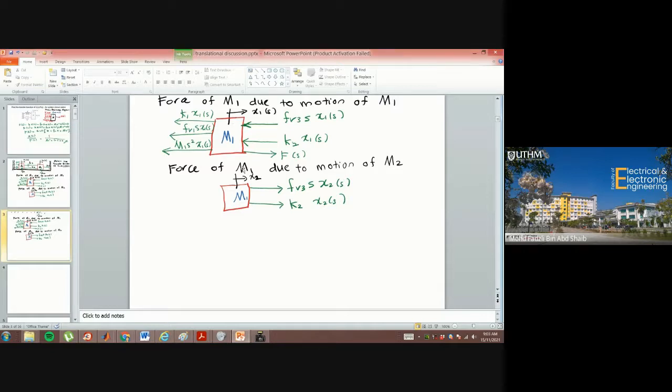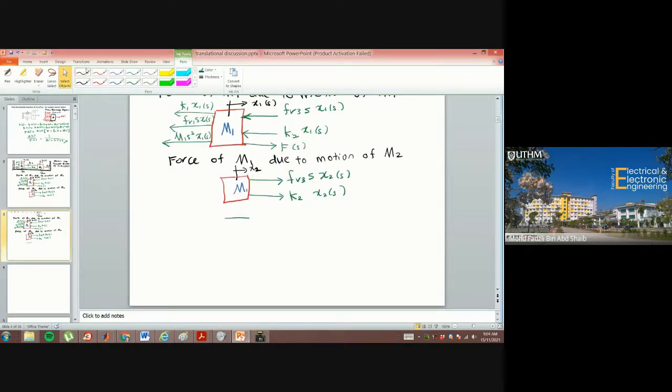Now our task is to combine all the forces. Okay, combine all the forces. All forces of M1.